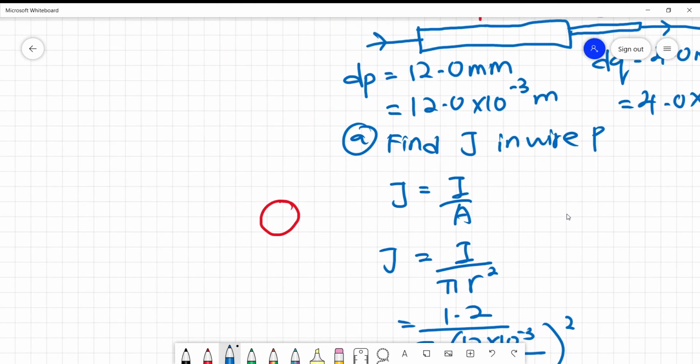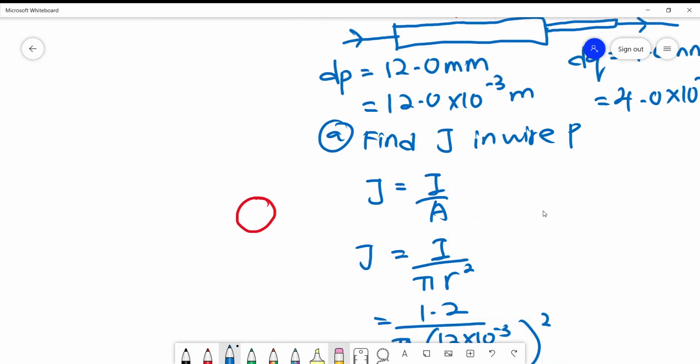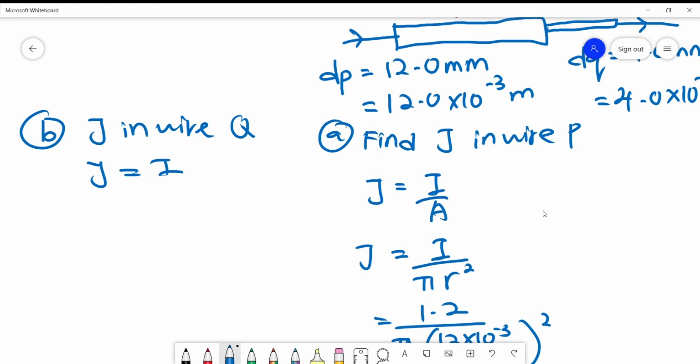Okay, so question B is the current density which is possessed by Q. J in wire Q, so J is equal to I over A, of course. This one is also a cylindrical wire, so the cross-sectional area is pi r square.